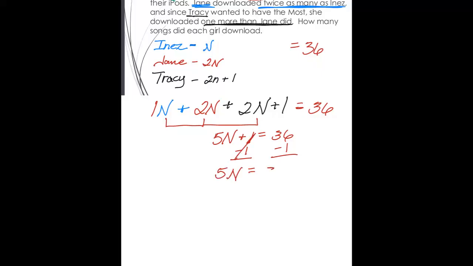5n is equal to 35, and so n is equal to 7. I am finished with the answer. Or am I? You have to answer the other question.